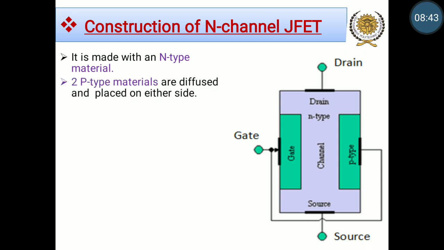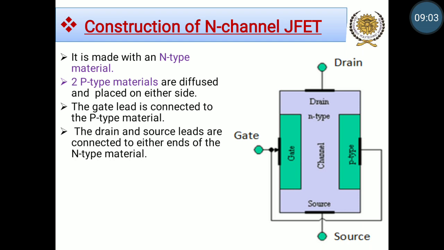Two P-type materials are diffused and placed on either side. In the constructional view, the green color shows these two P-type materials. The gate lead is connected to the P-type material. The drain and source leads are connected to either end of the N-type material.